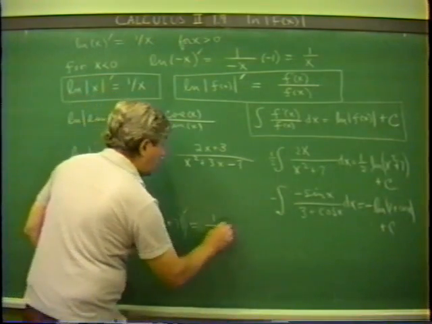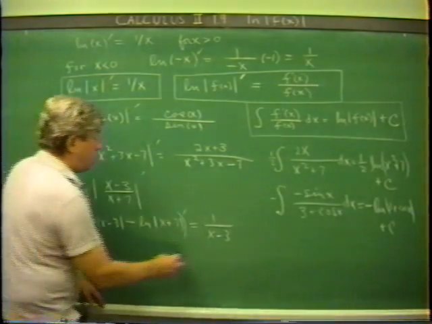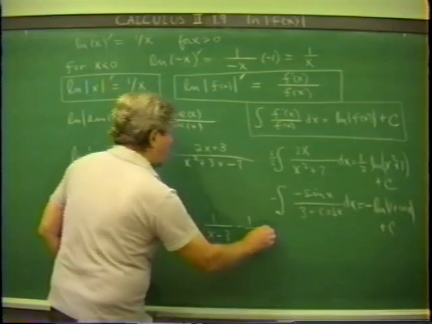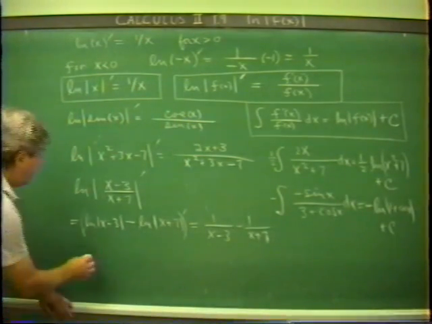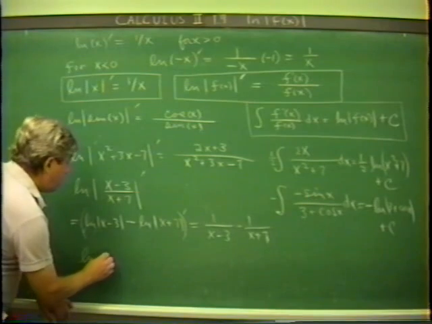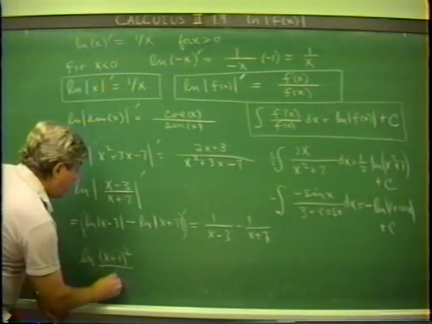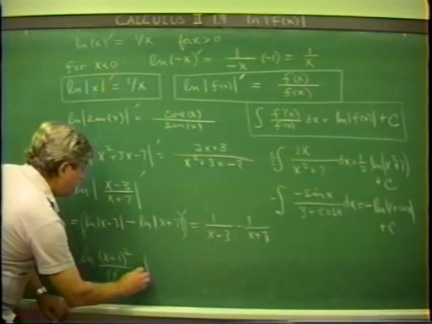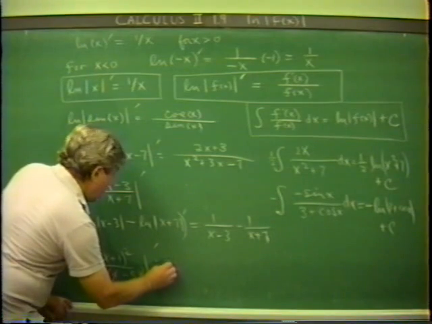And this makes it easier to differentiate using the rules of logarithms. So this is going to be equal to 1 over x minus 3, that's to say 1 over x minus 3 times the derivative of x minus 3, which is 1, minus 1 over x plus 7.